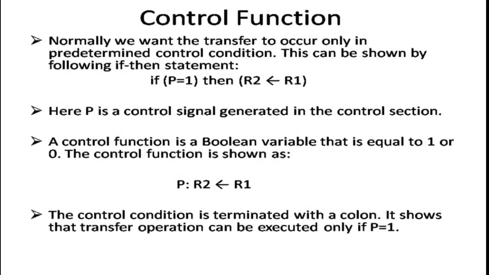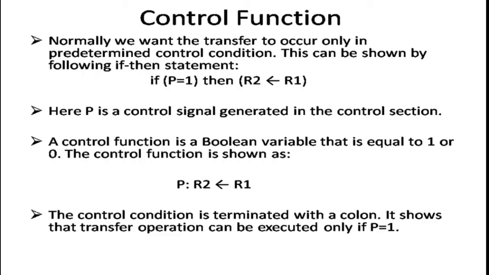So basically we are transferring data from one register to another register depending upon some predetermined control condition. This is like our if-then statement. So if P equal to 1, then transfer the data from R1 to R2.